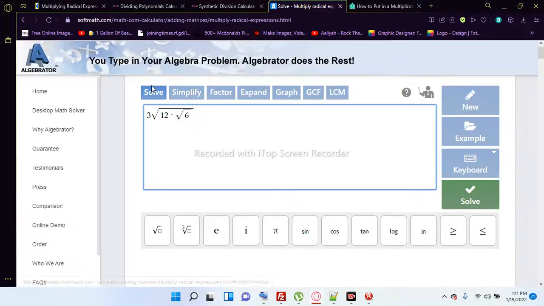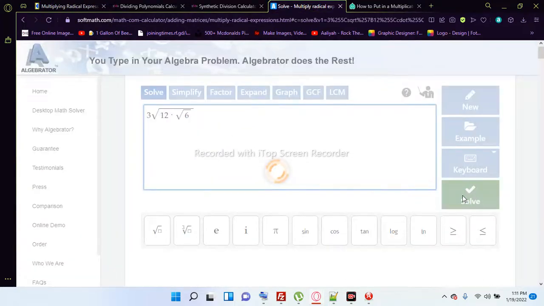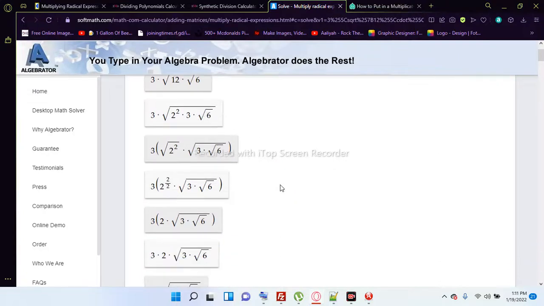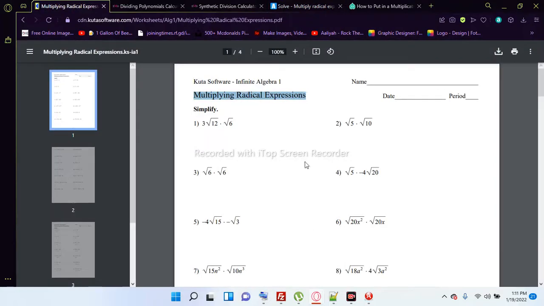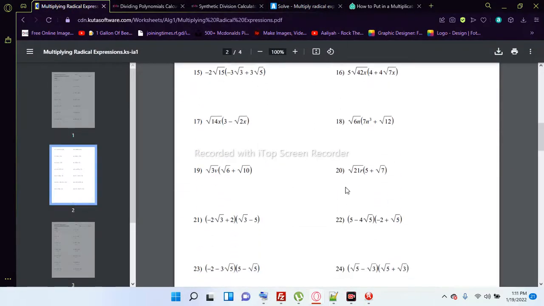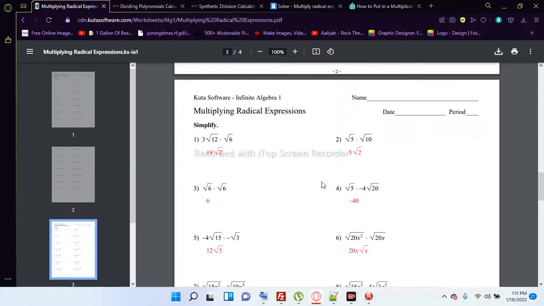So let's see, it will be 6 times 3 times 6. Okay, and if we go back to here, down to the equation, it would be 18 radical 2.